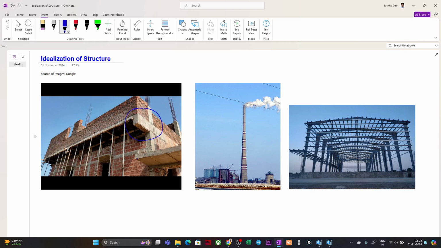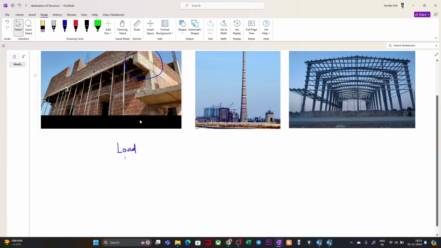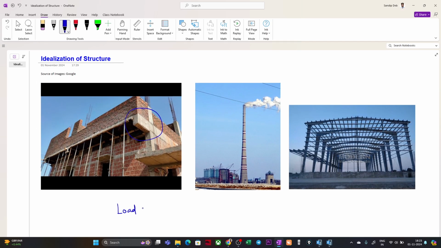So there are basically three things. One is load, which is actually the threat to the structural element of the structure. Then this load is applied on the structure. Then these structural elements develop internal forces.